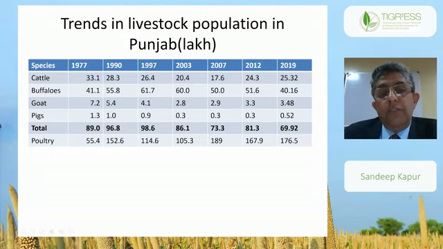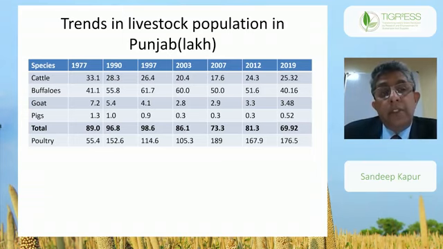Similarly, buffaloes, you will find almost the same, although we touched in between something really high, about 61 lakhs. Similarly, the population of goats and pigs is increasing. But one thing we need to see is that despite the decrease in the animals, there is an increase in the GDP from the animal side. So animals are playing a significant role.